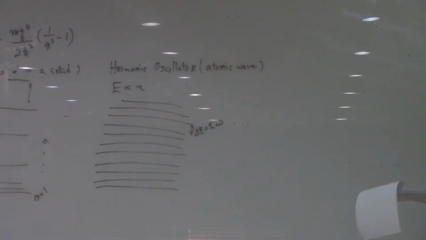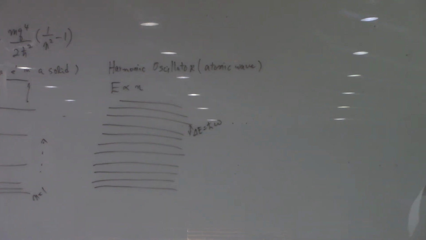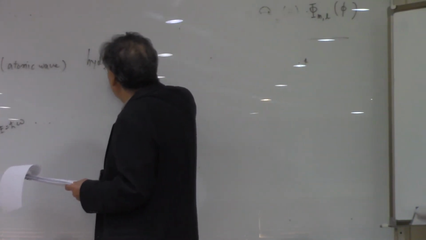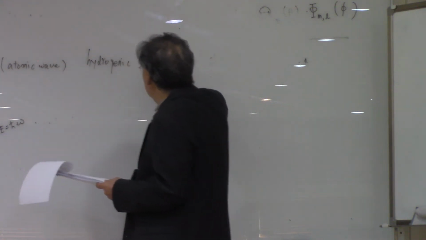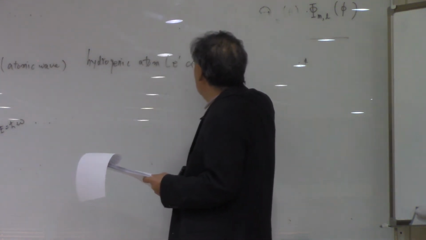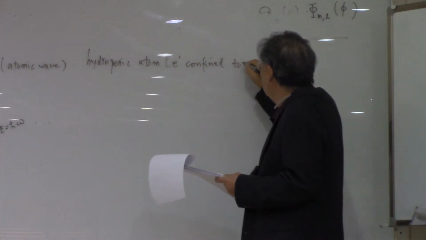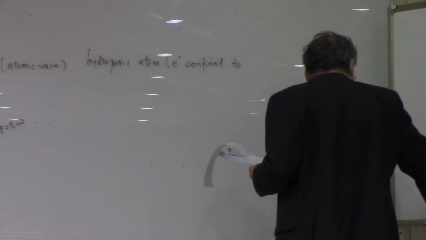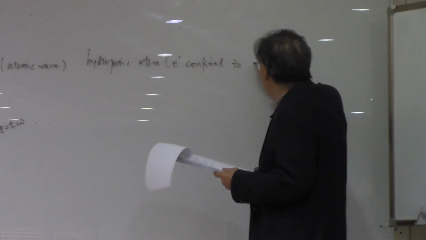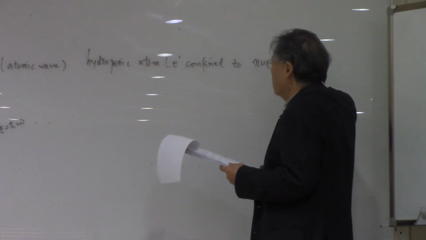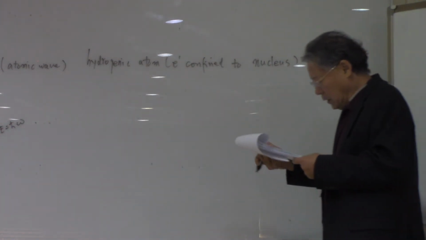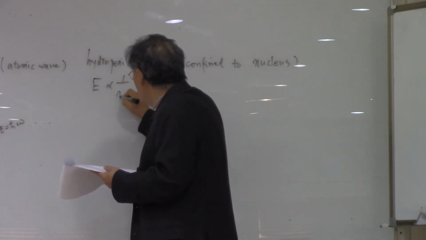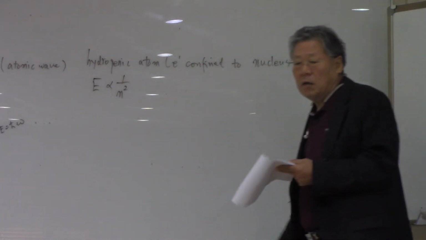Now, in the hydrogenic atom, the electron is confined to the nucleus. Okay? In this case, what we have seen is that the energy is now proportional to the reciprocal of n squared.